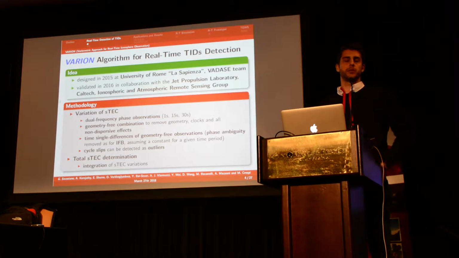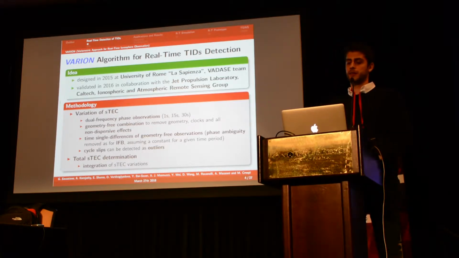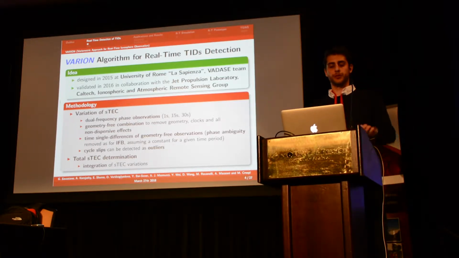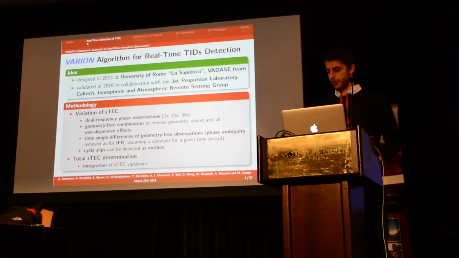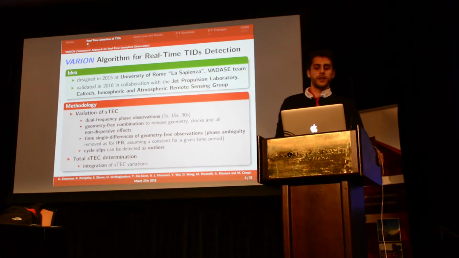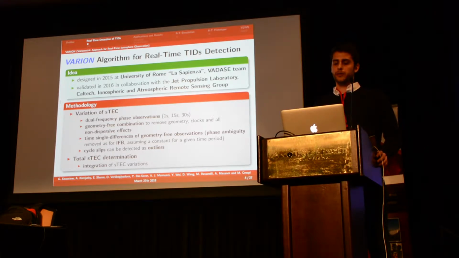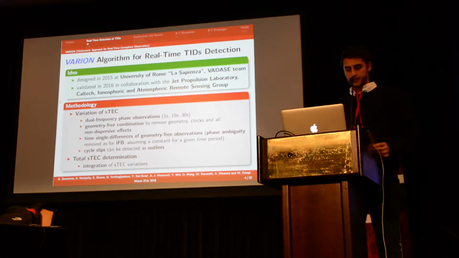So the VARION algorithm, some of you may already be familiar, was designed in 2015 at University of Rome La Sapienza, and then was further validated in 2016 at Jet Propulsion Laboratory. The methodology: we use dual frequency phase observation in order to remove all the non-dispersive effects.